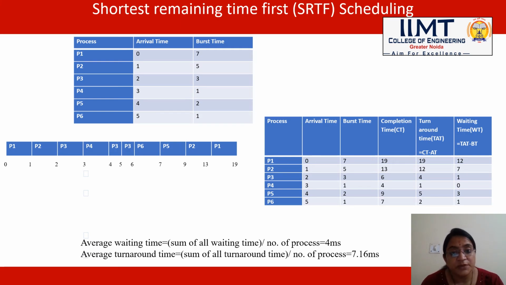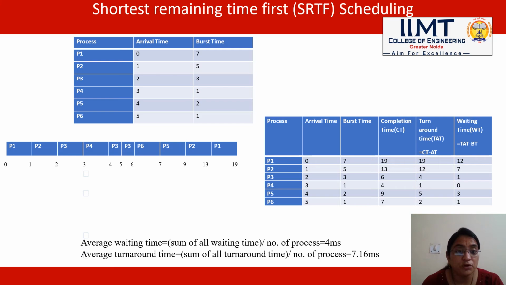Then we will see which process has the minimum burst time. We can see that P2 has the minimum burst time, so we allocate CPU to P2, and P2 executes for 1 second.